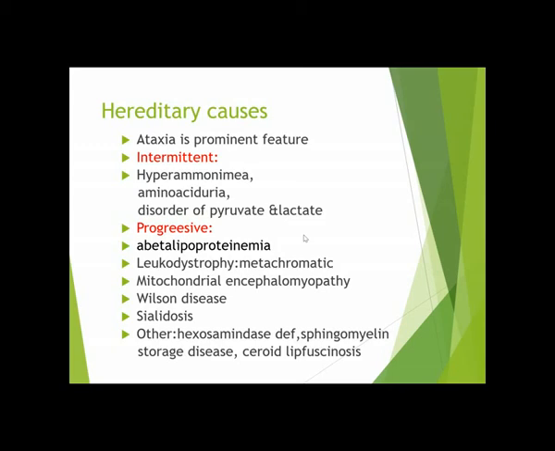Then another disorder is Wilson's disease. As you all know, this is a copper metabolism disease, and it also manifests in a younger age group, and it is an autosomal recessive disease. Family history can be present, and patients usually start developing symptoms like decreased cognition, difficulty in speech, and difficulty in swallowing.